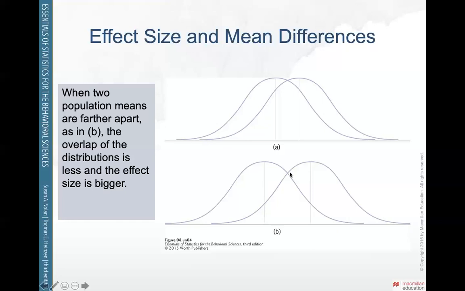And so this makes sense. There's a bigger effect size here because the sample mean is simply further away from mu. And the further apart the sample mean and the population mean are from each other, the bigger the effect size we're going to get.